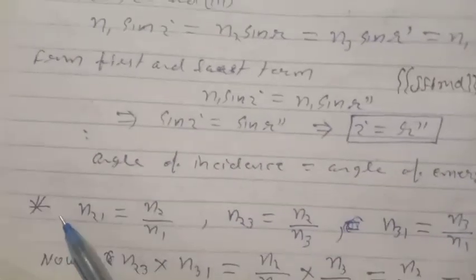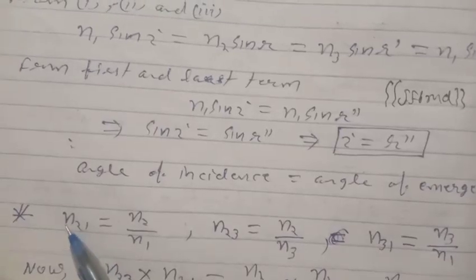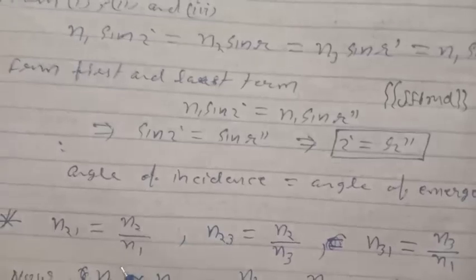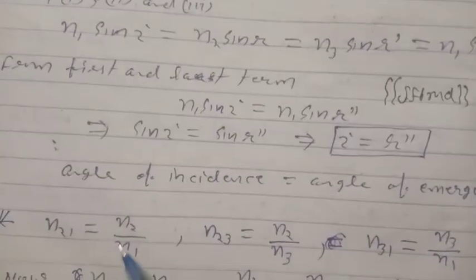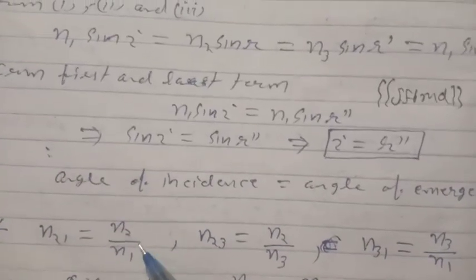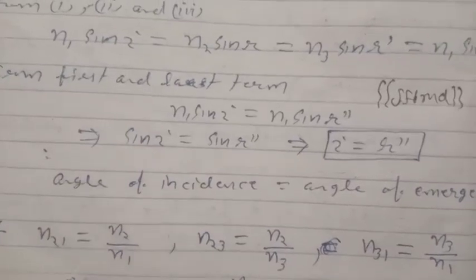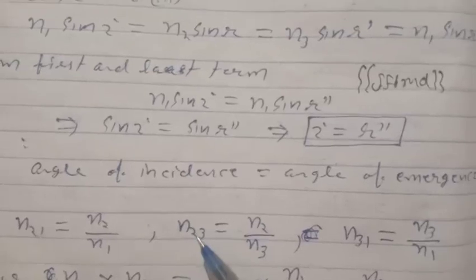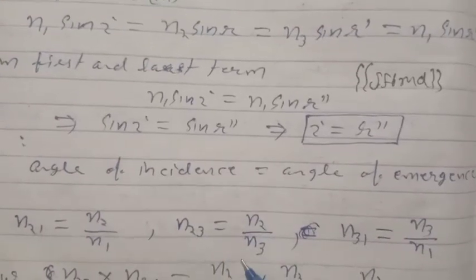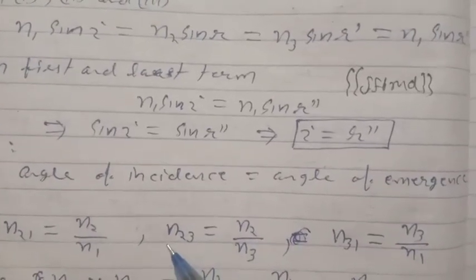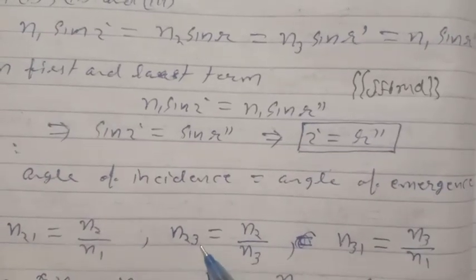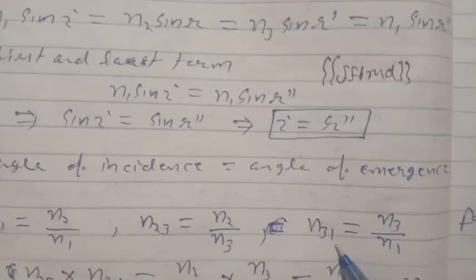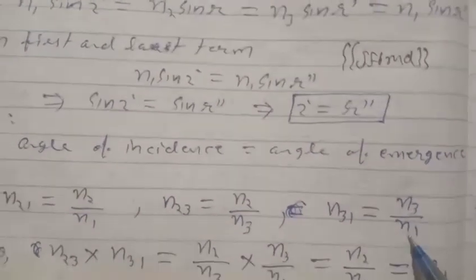Again, we have the relation n21, that is the refractive index of 2 with respect to 1, given as n2 by n1, where n2 and n1 are the absolute refractive indices of medium 2 and 1. And we know that absolute refractive index is with respect to air or vacuum. Again, n23 equals n2 by n3, that is the refractive index of 2 with respect to 3, and n31, the refractive index of 3 with respect to 1, equals n3 by n1.